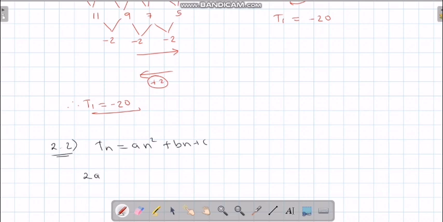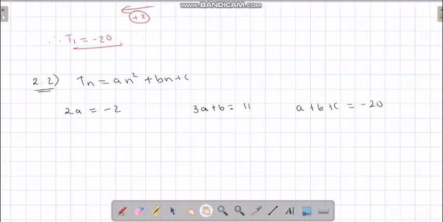So now let's check. Our 2a will be equal to negative 2. Then our 3a plus b will be equal to 11. Our a plus b plus c will be equal to the first term, which is negative 20. Okay, so now let's solve. A will be equal to negative 1. Our a is negative, therefore our graph is sad. We'll have a maximum.